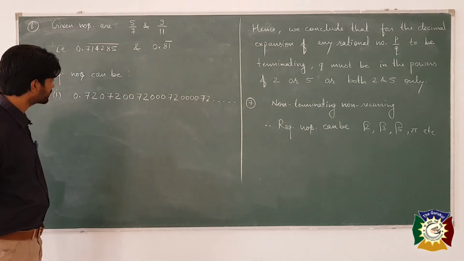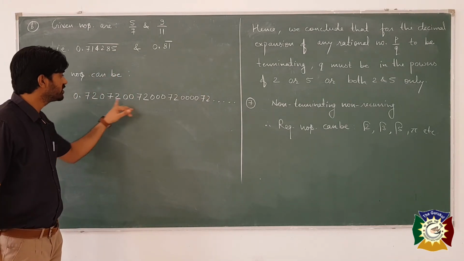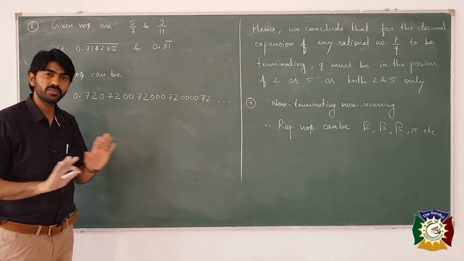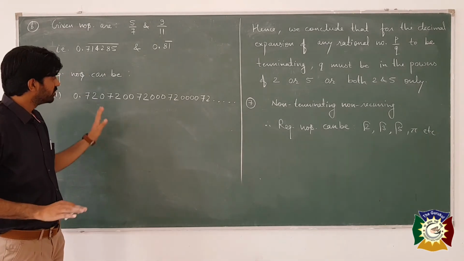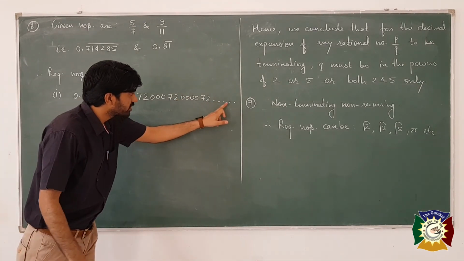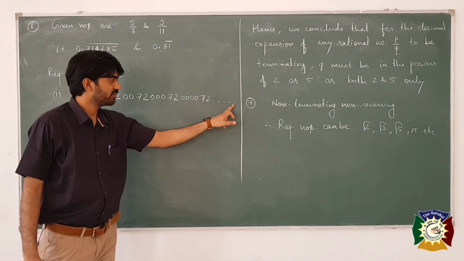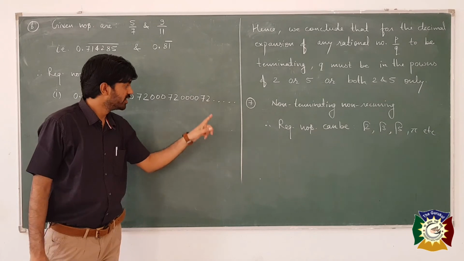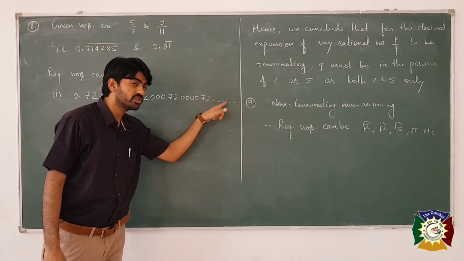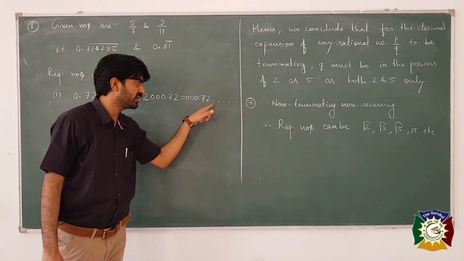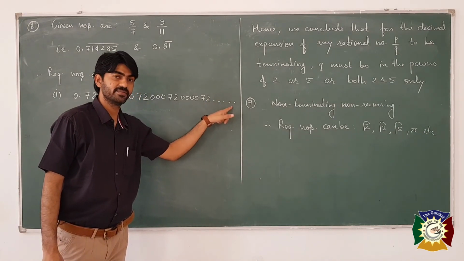It means every time one 0 is being increased, digits are not being repeated, but they are following a certain pattern. And these dots are very important. While you are telling any number non-terminating, non-recurring, you must write these dots, because only these dots specify that the number is non-terminating and non-recurring.